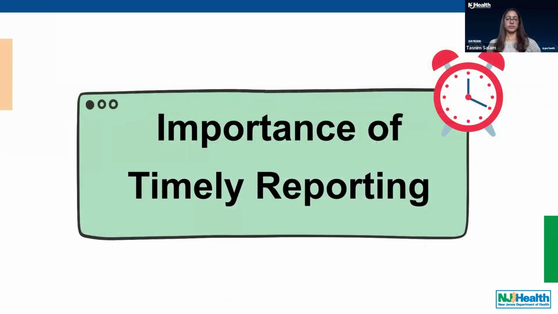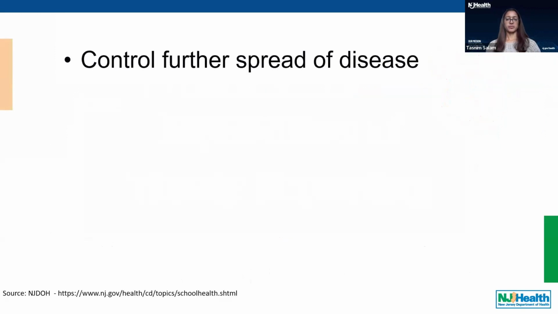So we've said this before, but it is important to report any suspected outbreak or any increase in illness in a timely manner. Reporting an outbreak as soon as something out of the ordinary is suspected is very important.